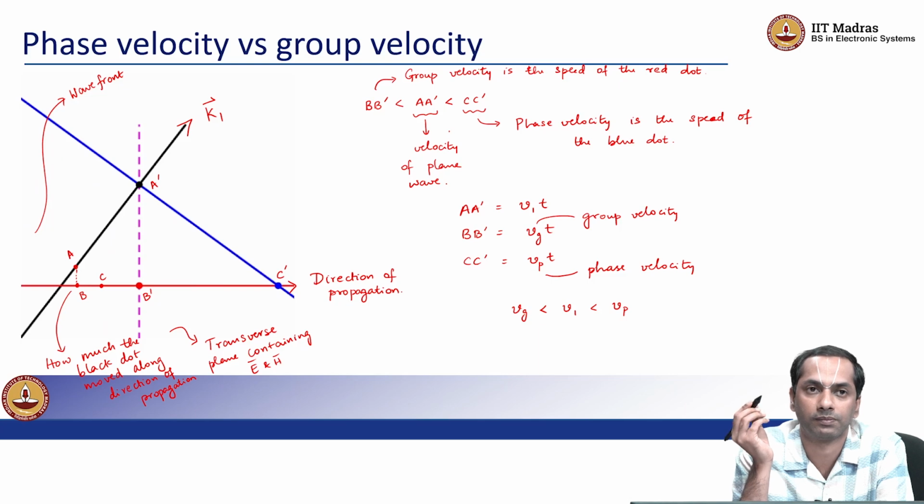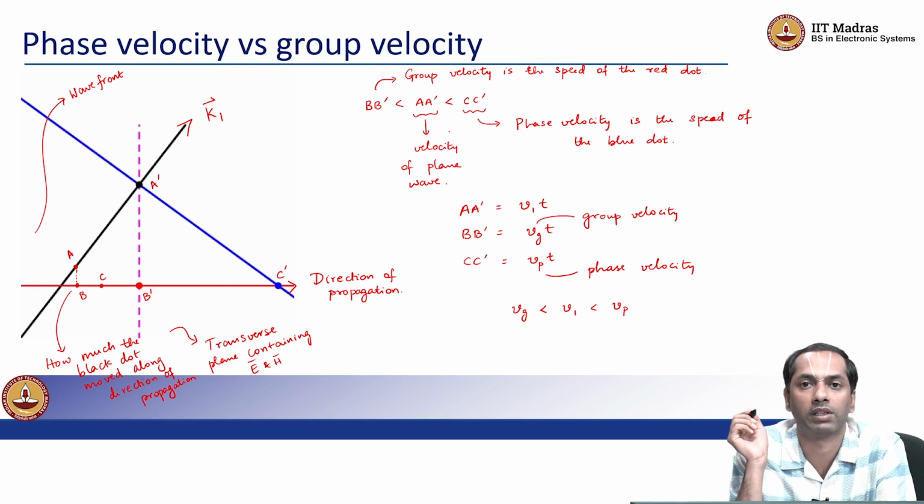It is not to say that information or energy flow is traveling faster than the speed of light. In fact, it is not. It is moving at what we call the group velocity, which is always less than the speed of light. So regardless of how you choose to orient this k vector with respect to the direction of propagation, you can confirm this fact.